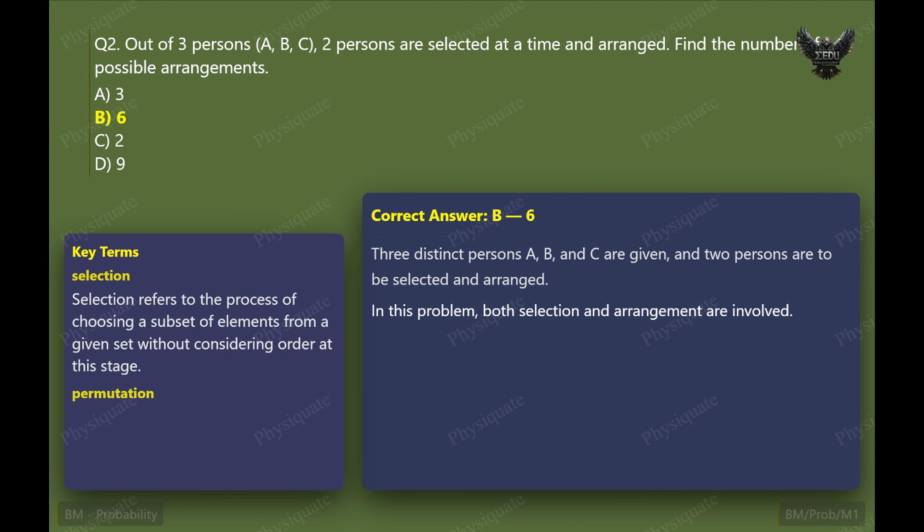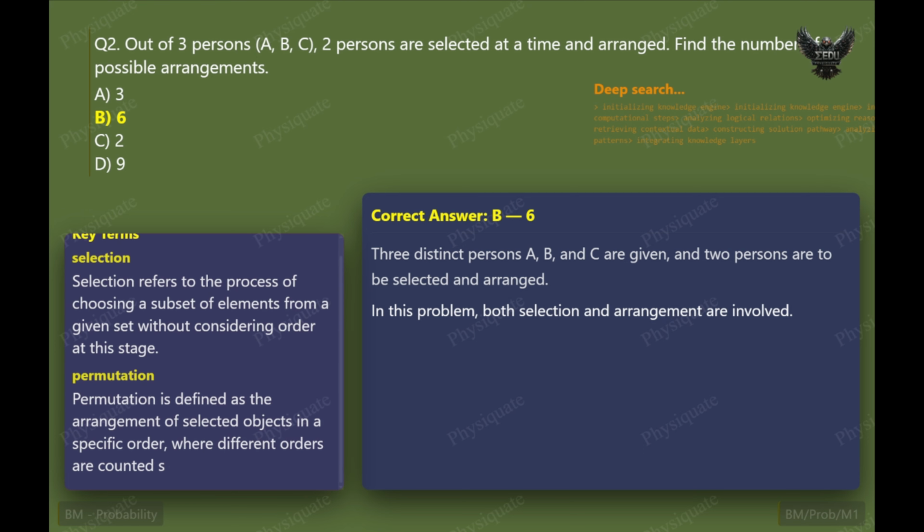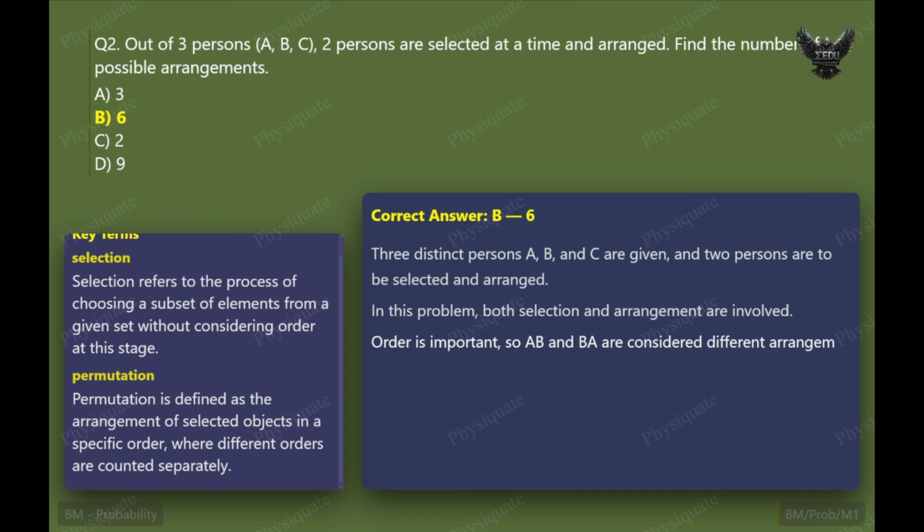Let us examine permutation. Permutation is defined as the arrangement of selected objects in a specific order, where different orders are counted separately. Order is important, so AB and BA are considered different arrangements. We now discuss order.